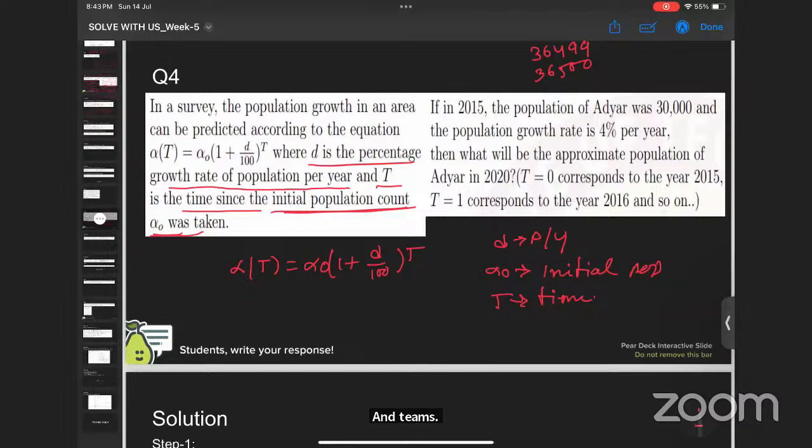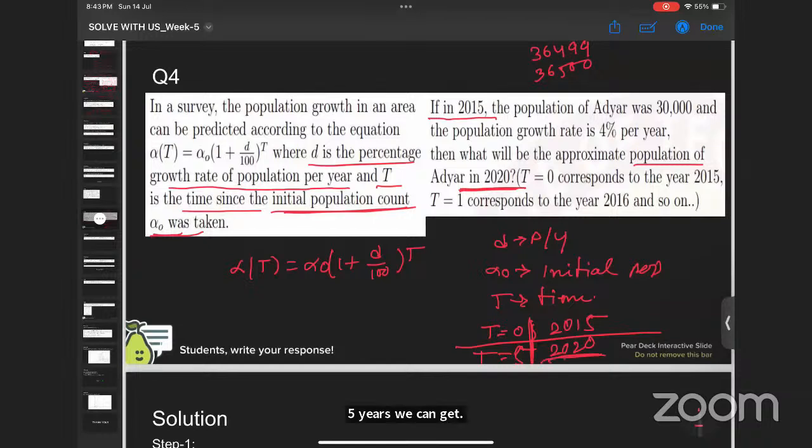Here it has started from 2015, and the final year is 2020. That means when T equals 0 is the initial year, and when the year is 2020, T equals 5. From 0, after 5 years, we get 2020.